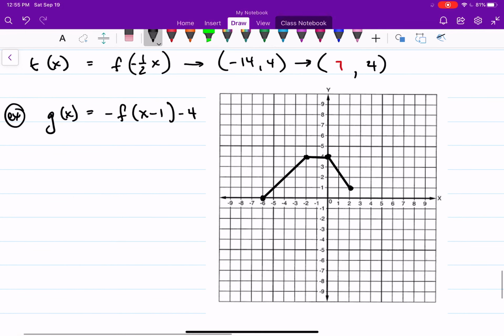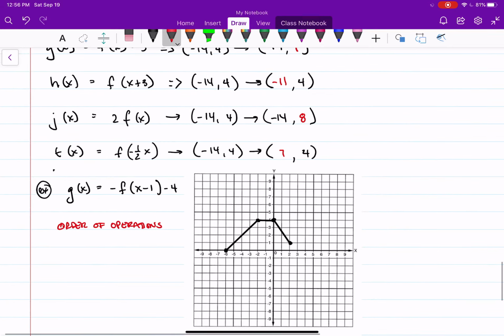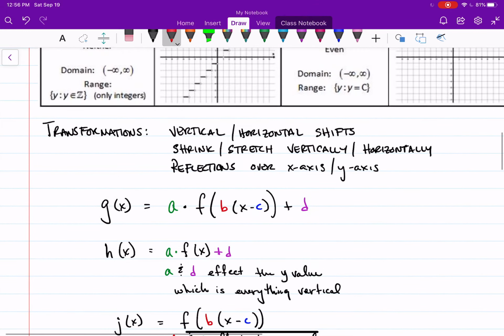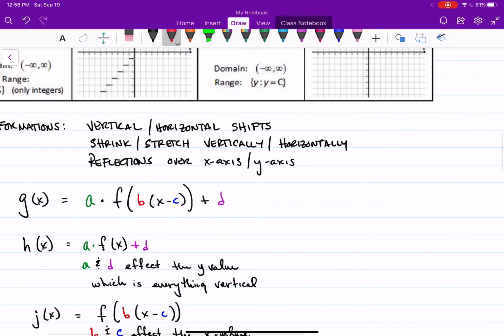Now, when you deal with this, you're still going to have to go through the order of operation. Okay, it still applies.